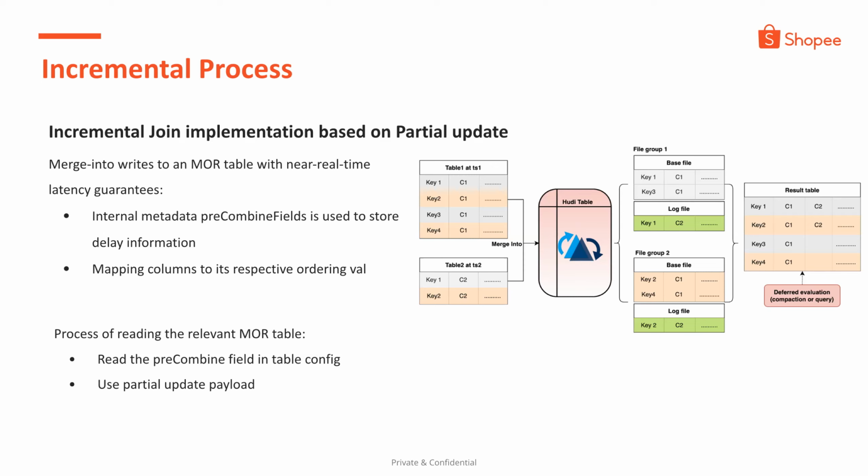If we have two tables, we have two ordering fields in the result table, and we will store the mapping of the ordering field and the column into the precombine field in the table config. So we can get the mapping when we do merging or compaction. Makes sense. Yep.